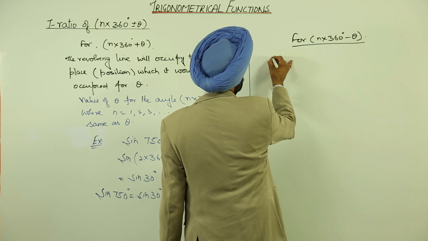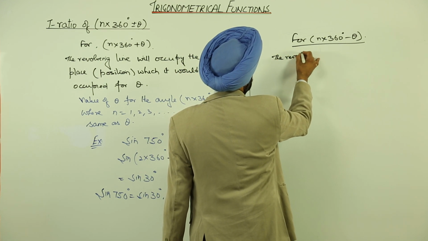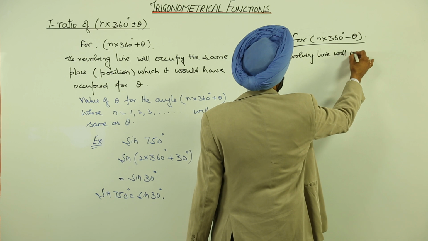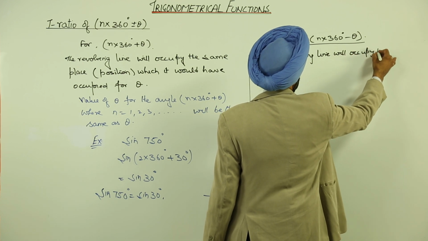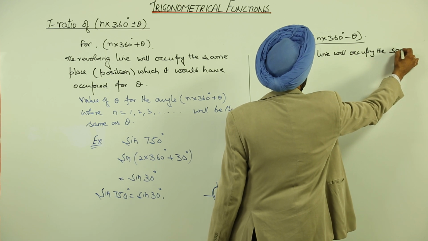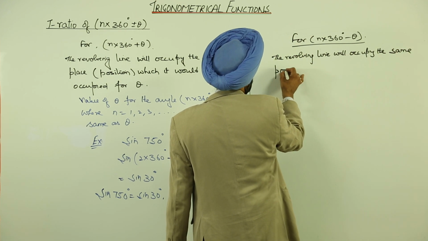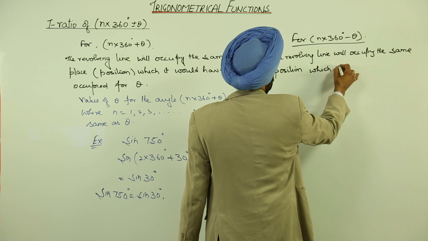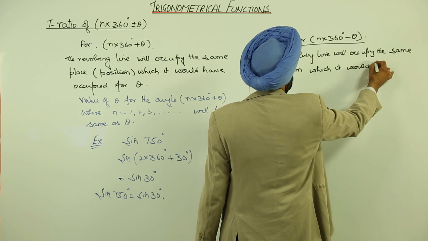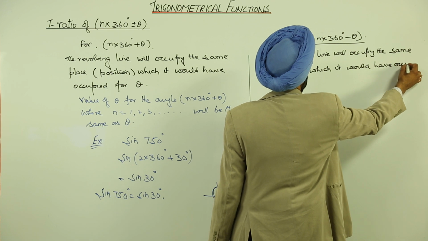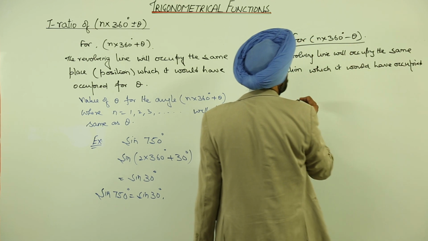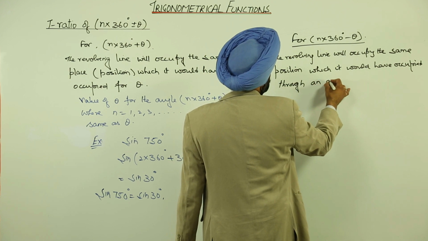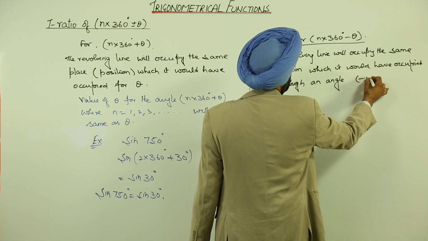Now the revolving line here will occupy the same position which it would have occupied through an angle of negative theta.